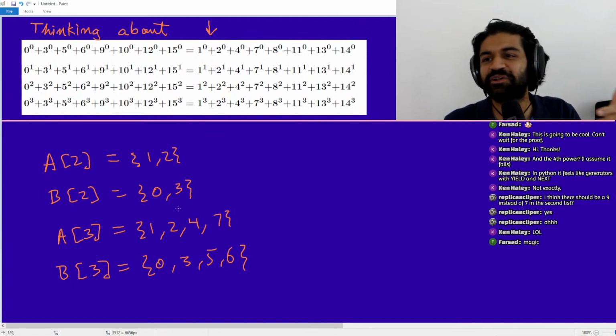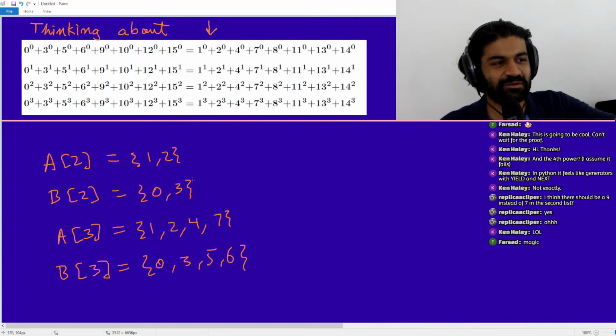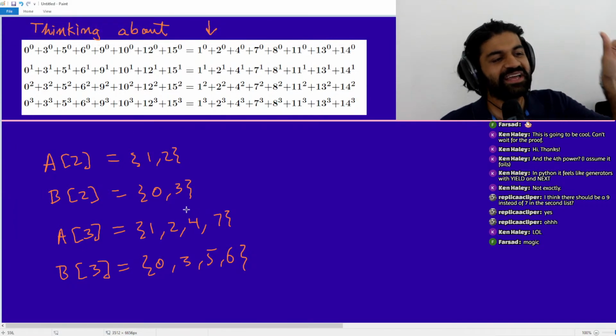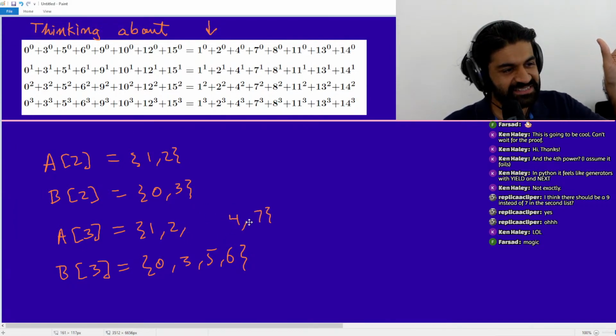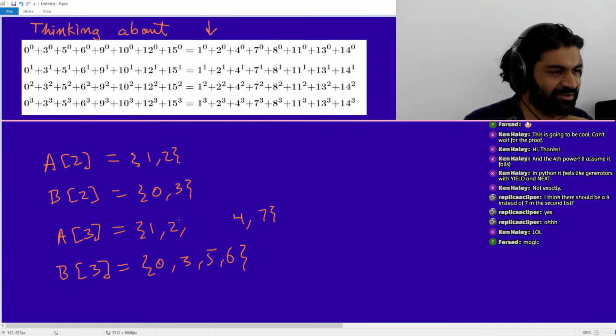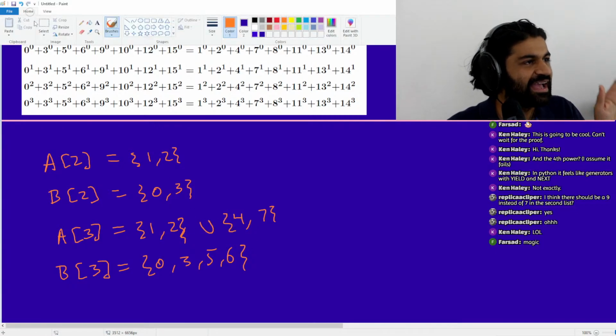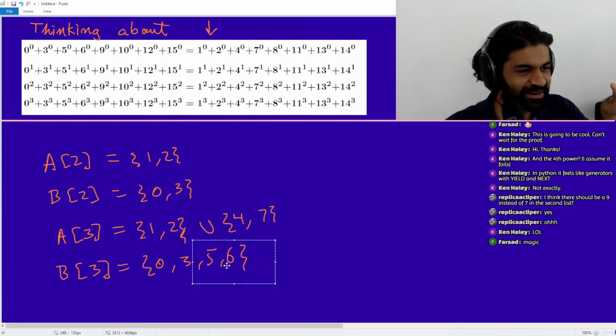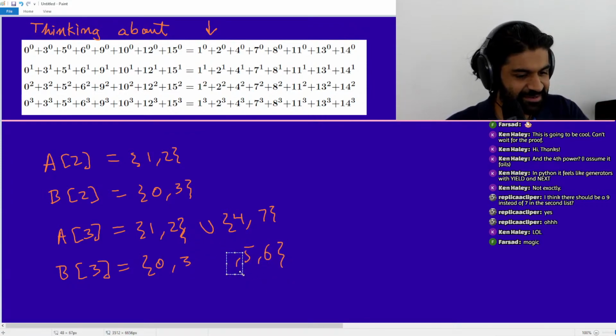This is very similar to the way this Morse sequence is obtained originally. For example, A3 splits as 1, 2 union 4, 7. And B3 splits as 0, 3 and 5, 6.